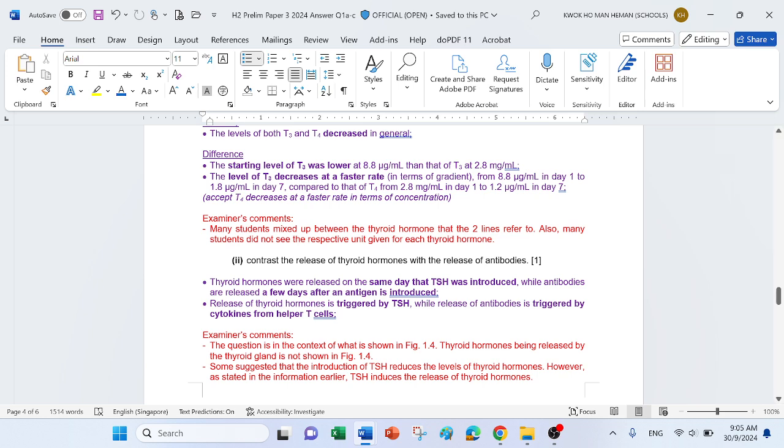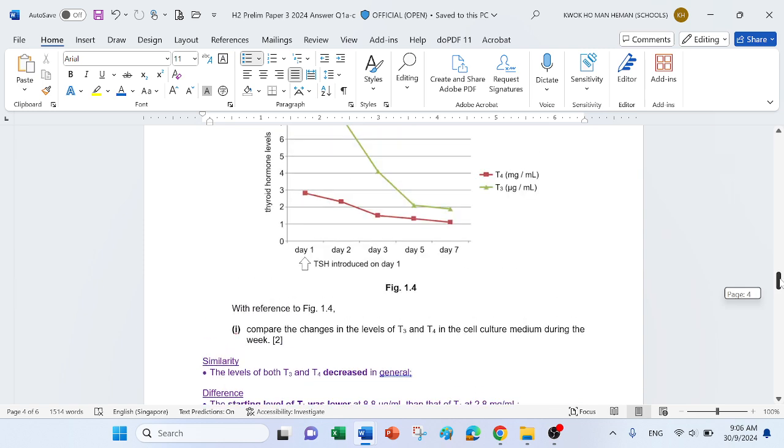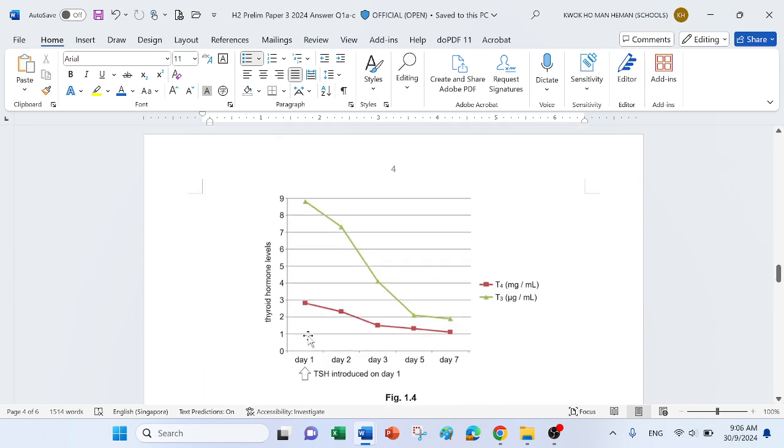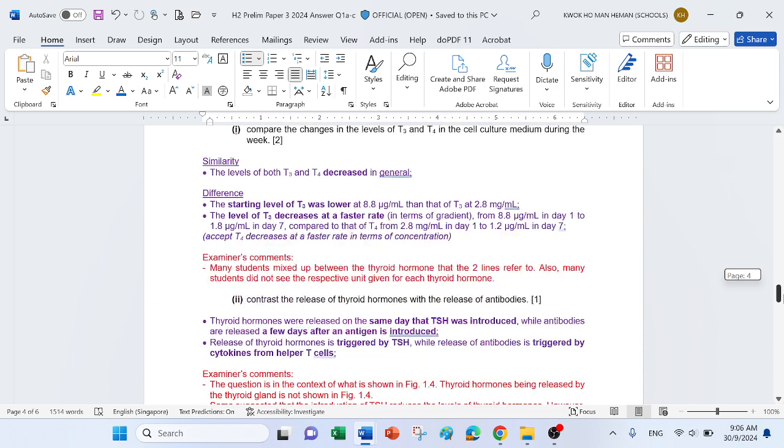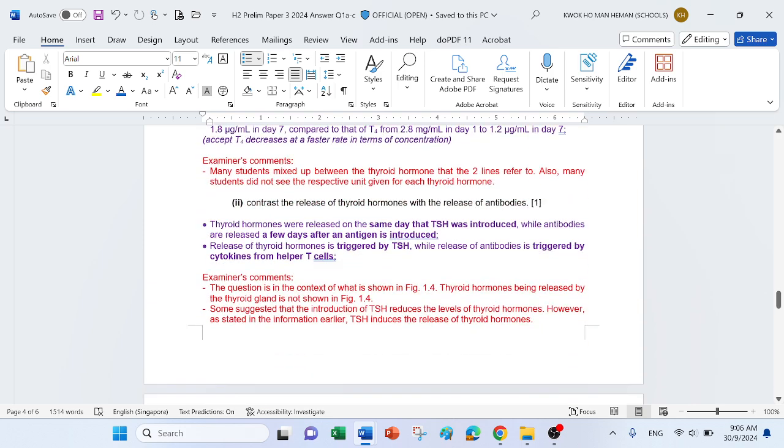So TSH is a trigger. The day that TSH is introduced, straight away you have a high level of thyroid hormones, meaning that the triggering of the release of the thyroid hormones is almost immediate, but at least on the same day.